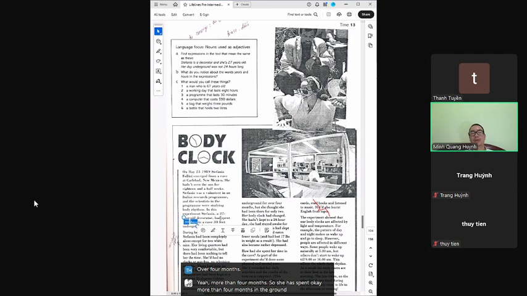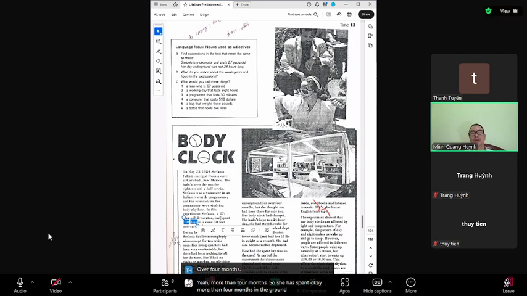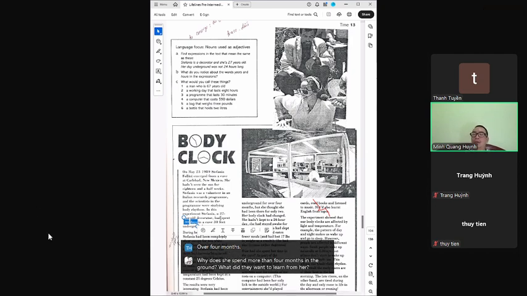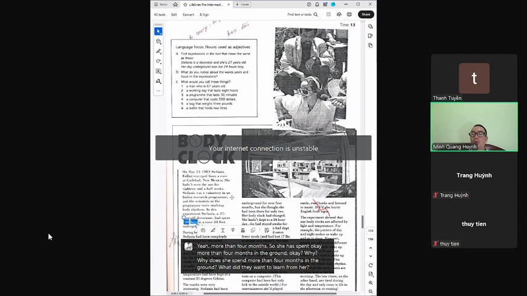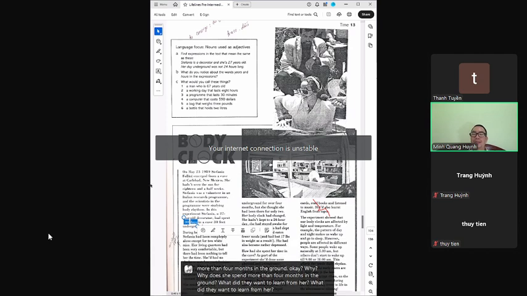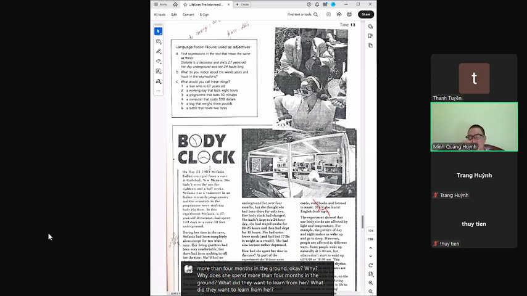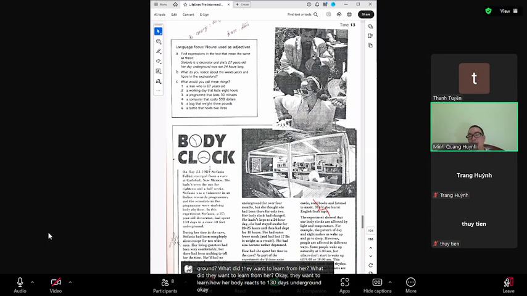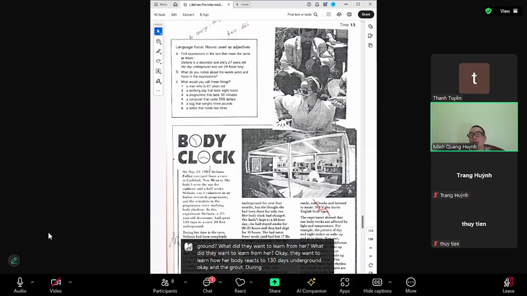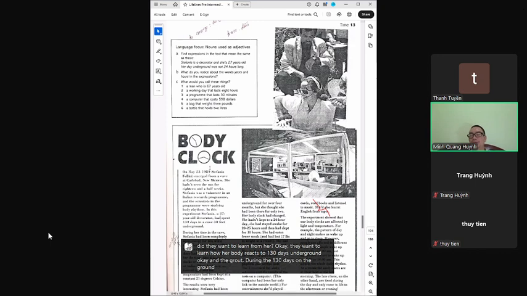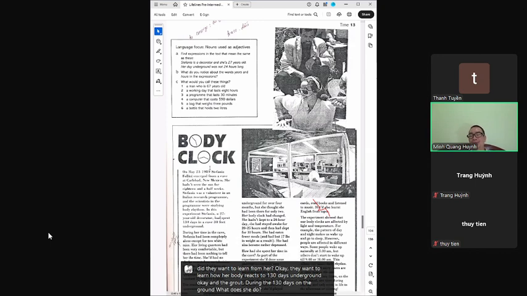Why? What did they want to learn from her? Okay, they want to learn how her body reacts to 130 days underground. During the 130 days underground, what did she do?